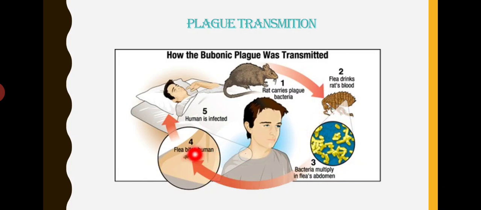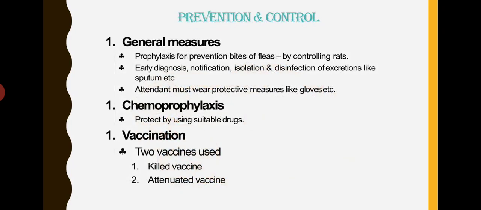When this flea bites a human, that time the human gets infected. It means the rat is only the vector, the main causative organism is the flea, and inside the fleas certain bacteria are present. When this flea bites a human, that time the human gets infected. Understand?